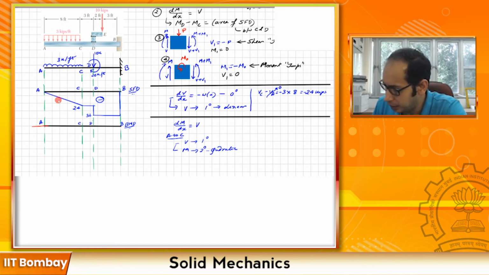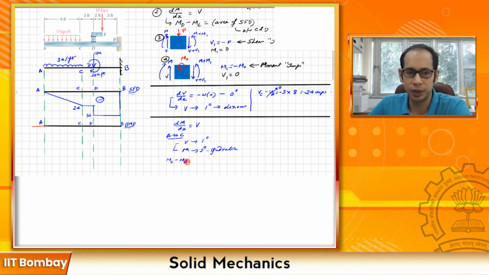So at C, let's also find the value of the moment at C. How do we find that? We have MC minus MA, right? From this relationship, MC minus MA will be the area of the shear force diagram between these 2 points. So the area of the shear force diagram is this guy over here.